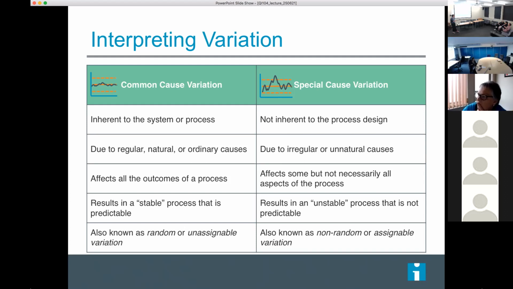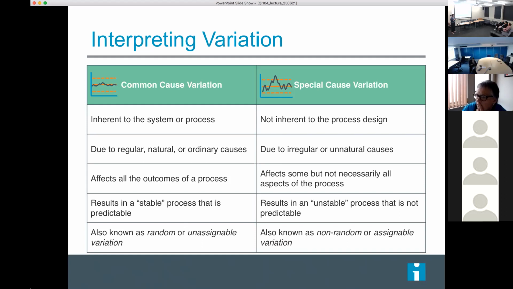For instance, long waits in orthopedics sometimes cause that special variation, because there'll be a certain time where we're not doing very well. The long waits cause a spike. Good. Okay, great. Those are all really good ideas, and I think you've captured that really well.